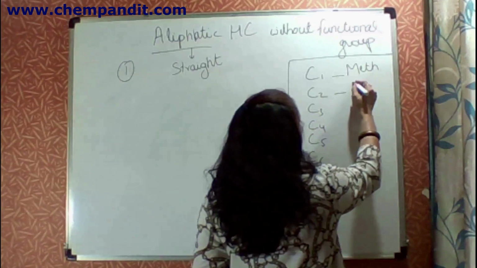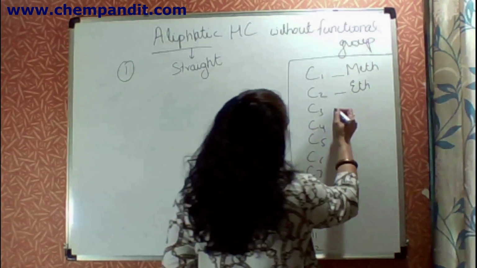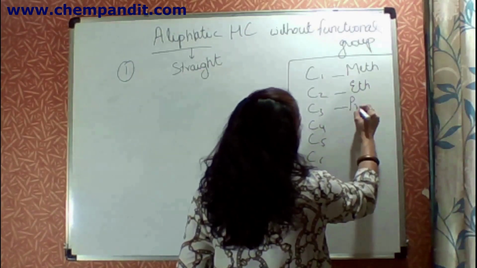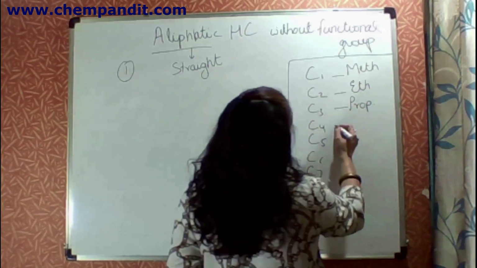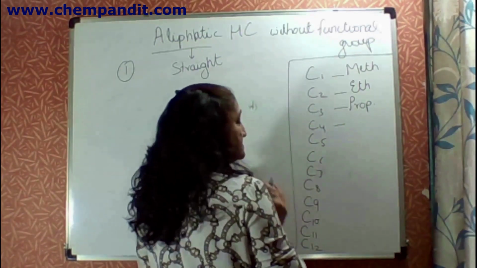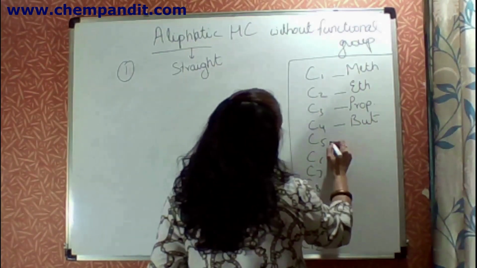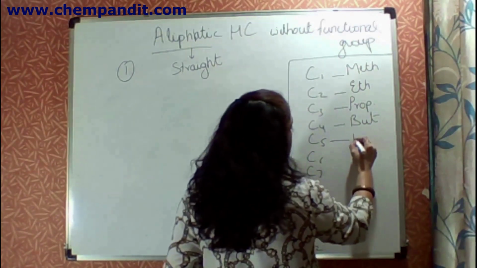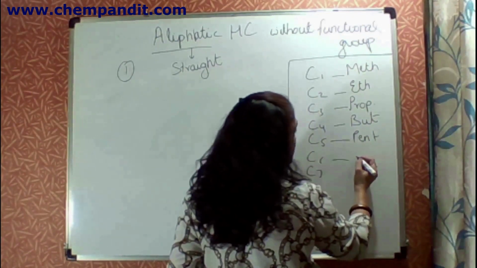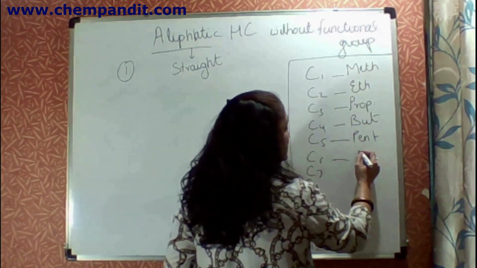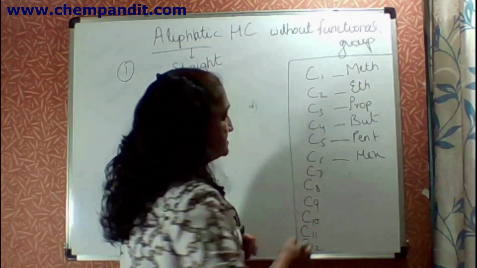If there are two carbons, this will become eth. If there are three carbons, the root word will become prop. If there are four carbons, this will be written as but. If there are five carbons, this will become pent. Similarly, if there are six carbon atoms in an organic compound, the root word will become hex.